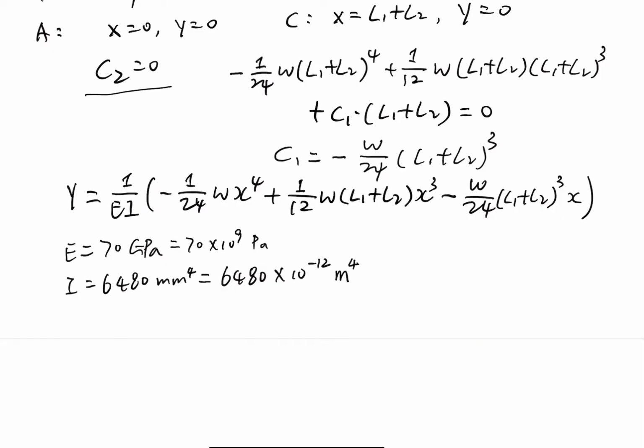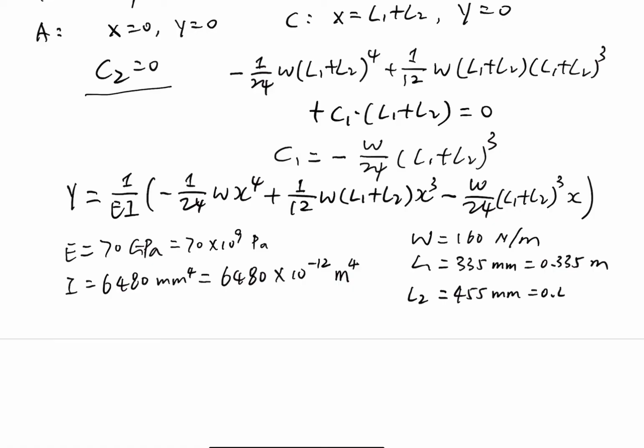W is equal to 160 Newton per meter. L1 is 335 millimeter, equal to 0.335 meter. L2 is 455 millimeter, equal to 0.455 meter. So now we have everything in the deflection equation.